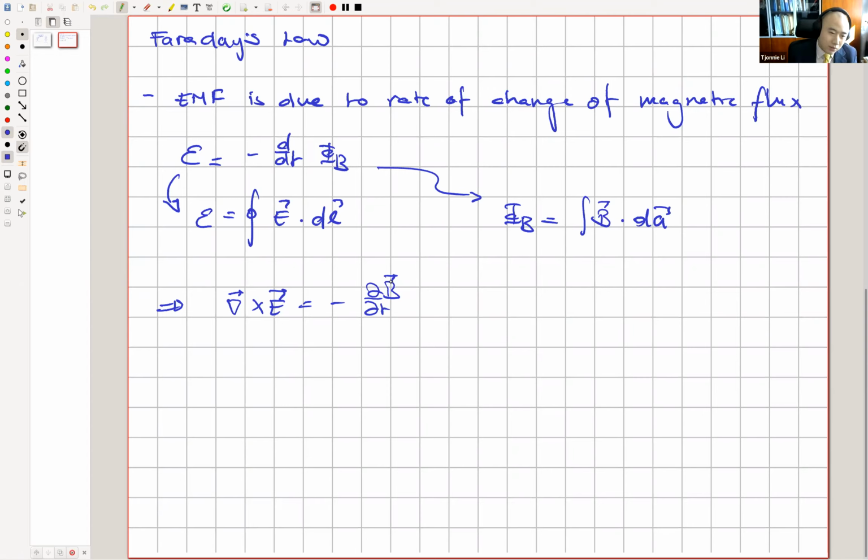And now we're actually introducing a curl component, a rotating component to the electric field, but that is sourced by a change in magnetic field. So that's the first concept and the first step towards developing Maxwell's equations in a time-dependent sense.